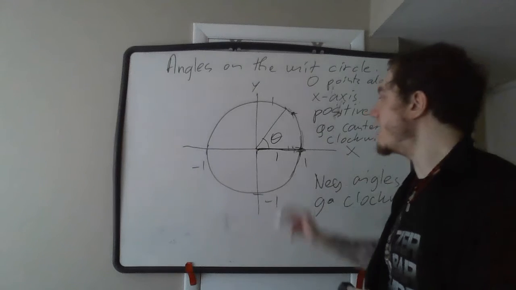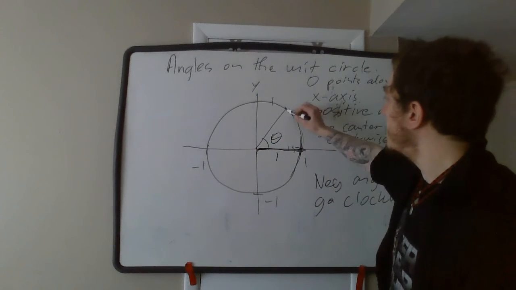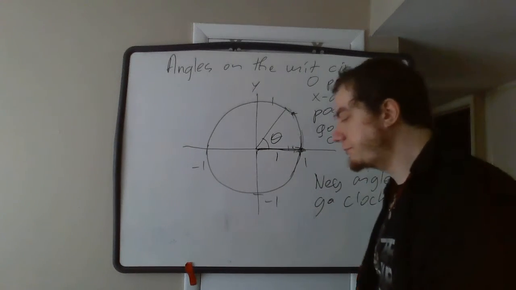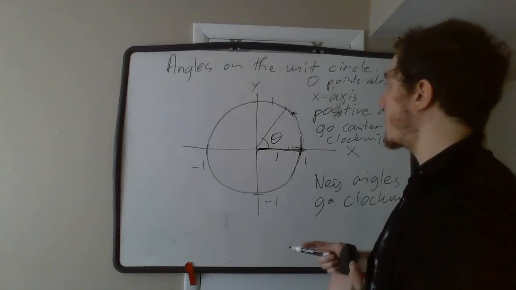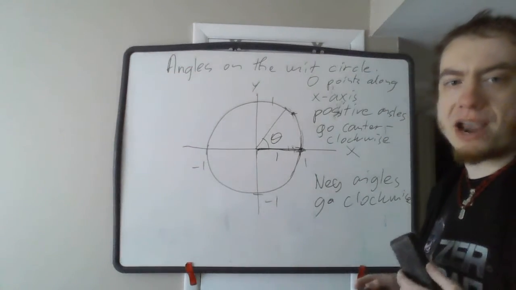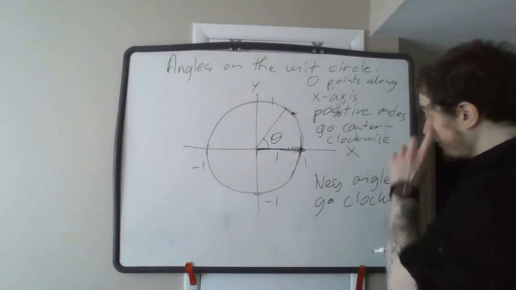So if I multiply radius of 1 times the angle in radians, that just gives me the distance, which turns out to be equal to the angle in this case. And that's really one of the reasons why we like working with the unit circle. The fact that the radius is 1 makes things much more convenient for a lot of purposes.